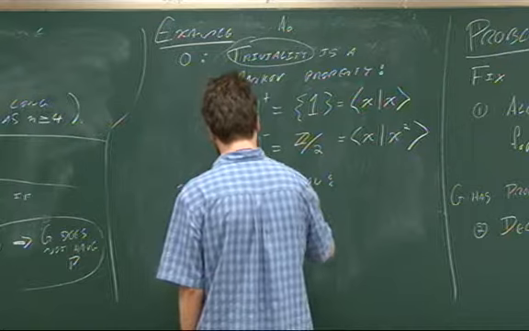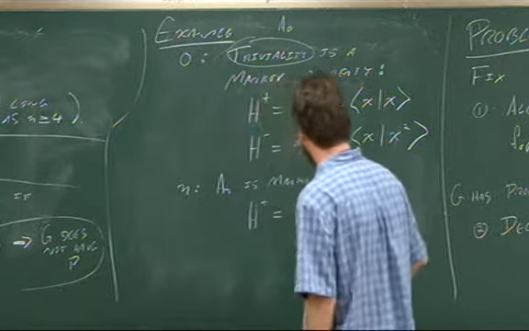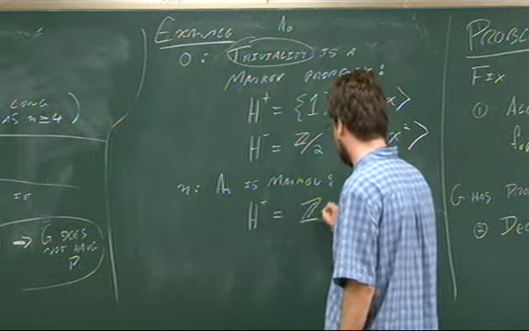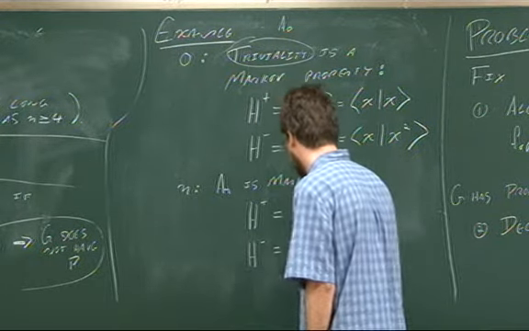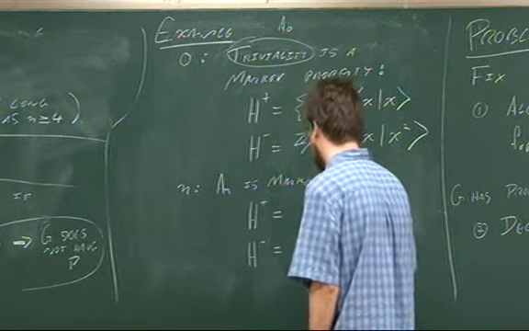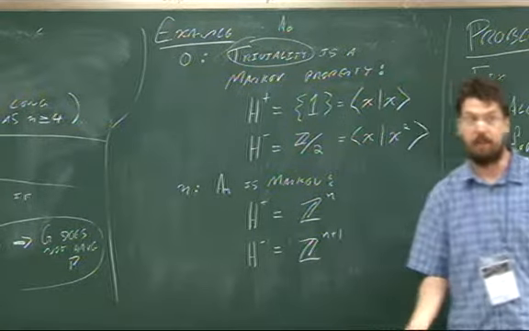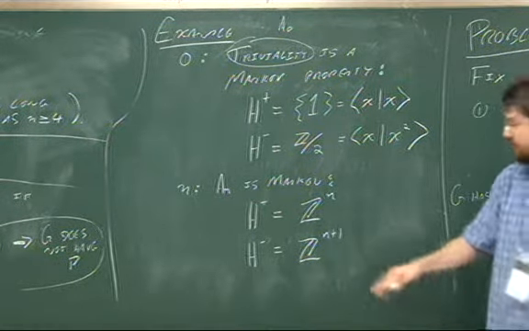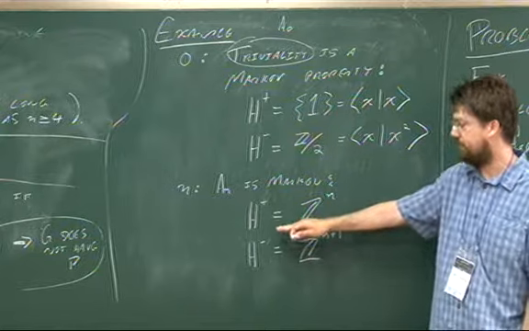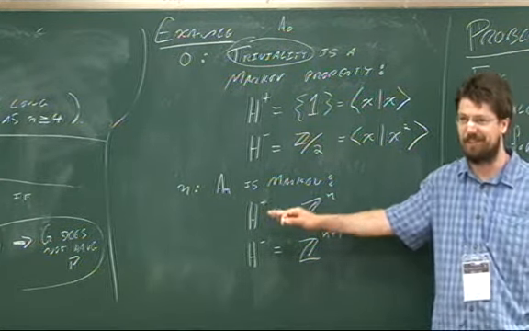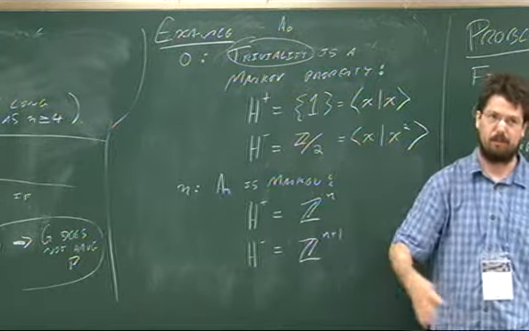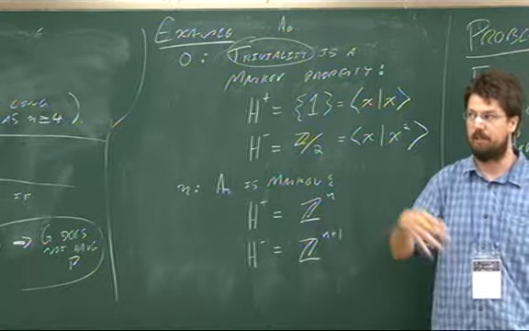So if I take an n-torus, I can take Z to the n for my H plus, and I can take Z to the n plus 1 for my H minus. If it's an aspherical n-manifold group, its cohomological dimension is n, and that gives you an upper bound for the cohomological dimension of any subgroup.